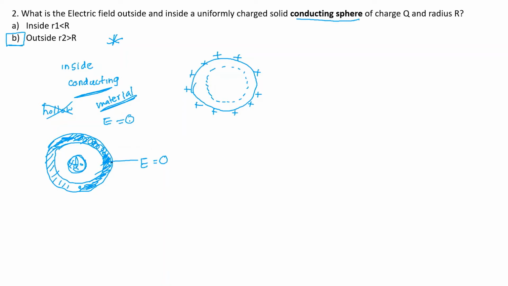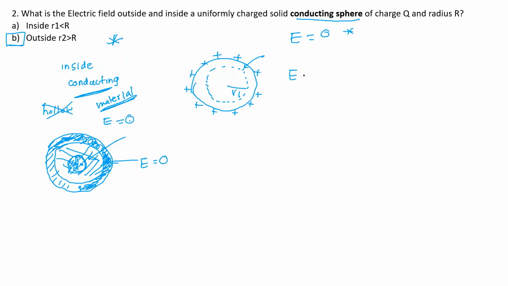A lot of people get confused with this and this. So we are not talking about this area. We don't know about hollow stuff. So E is zero. That is something that you have to remember. And if you are going to apply Gauss's law to get that, this is how we do it. This is your Gaussian surface, right?